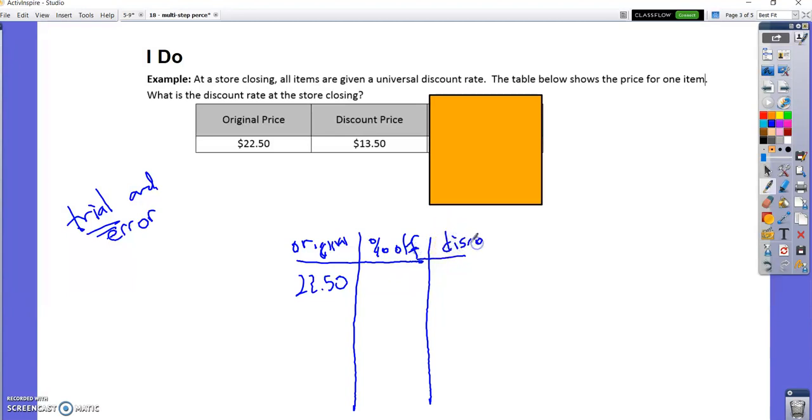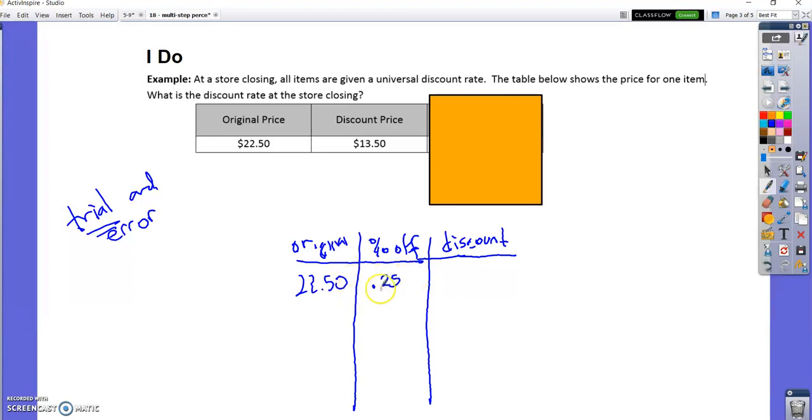So basically what I'm going to do is just guess and say, okay, let's just see. For starters, I know I'm not saving half of the price. So it's less than that. I'm just going to take a stab and say, okay, maybe it's 25% off. Let's just see if that's right. Maybe I'll get it right on the first chance.